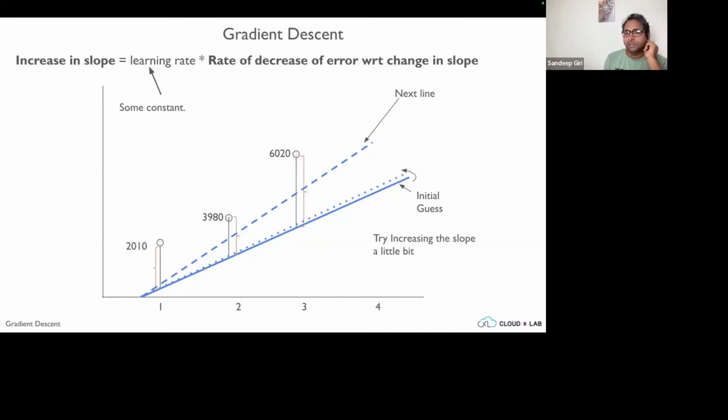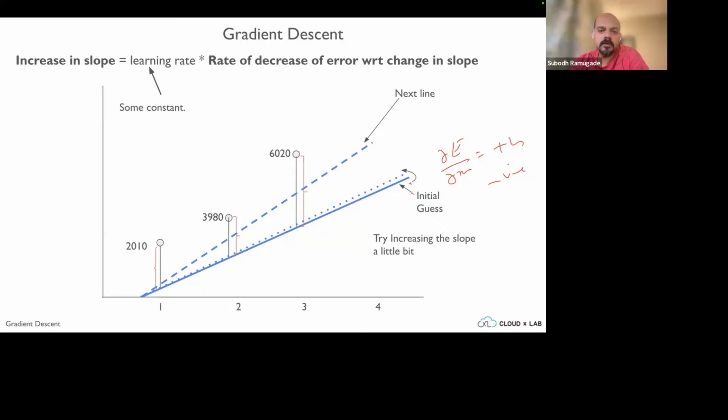Yeah. Tell me this. Here, what do you think this will be? Positive or negative? Is the rate of change of error because of increasing slope negative or positive?